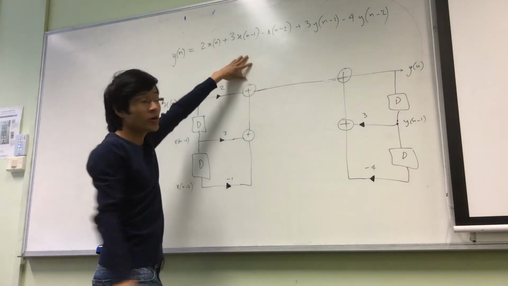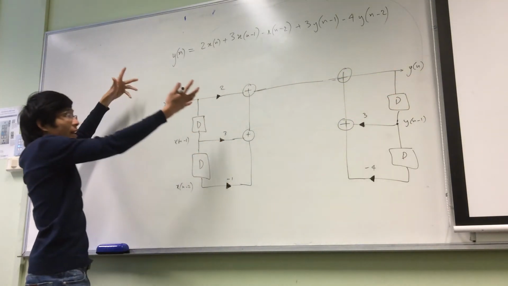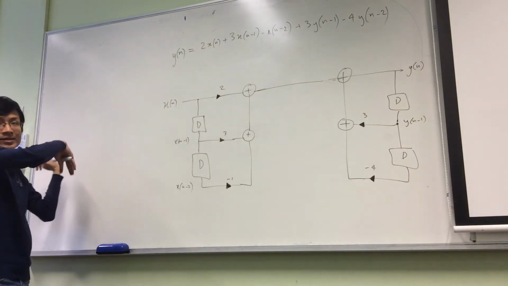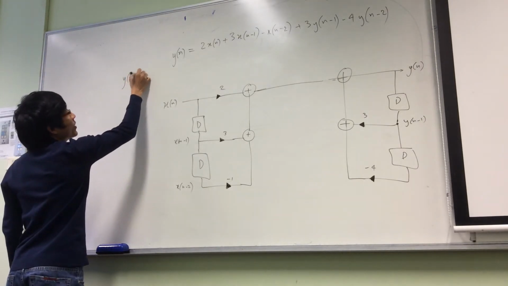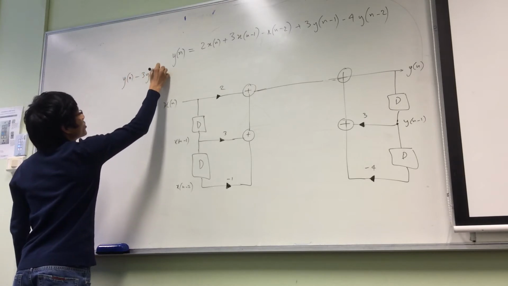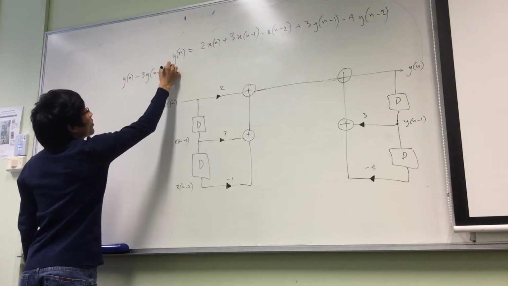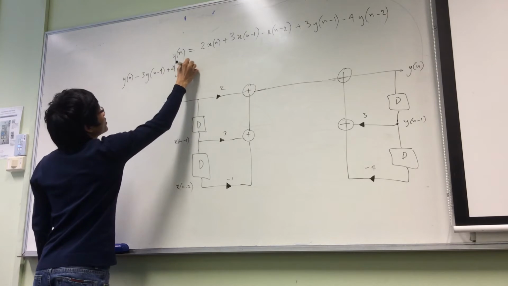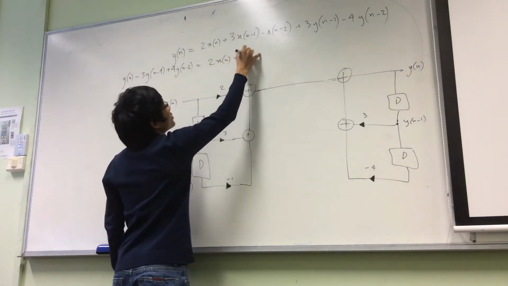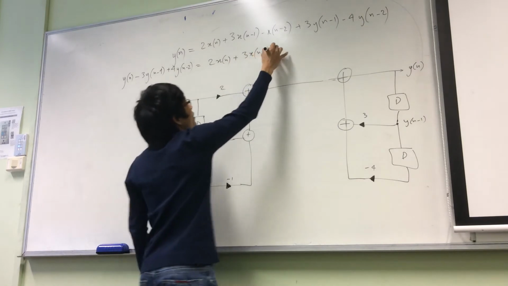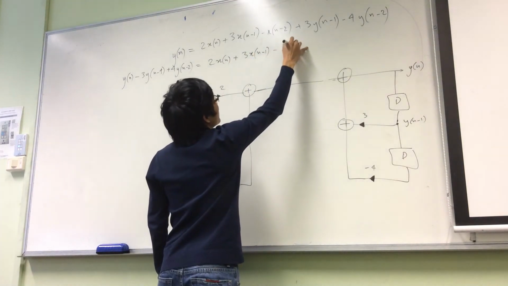Or I can just rearrange this so I get all the x on one side, all the y on the other side. It's the same thing, right? I got yn minus 3yn minus 1 plus 4yn minus 2 equal to 2xn plus 3xn minus 1 minus xn minus 2.